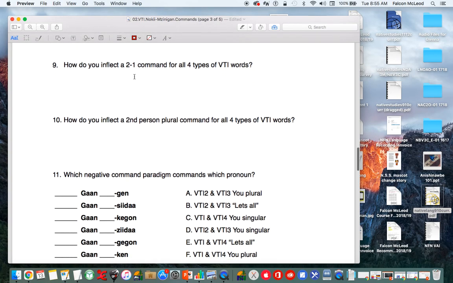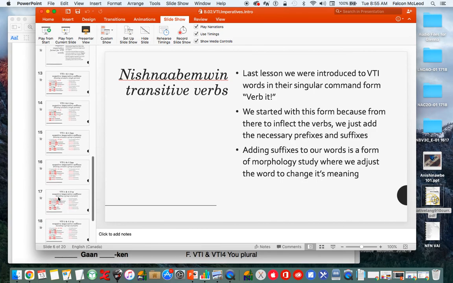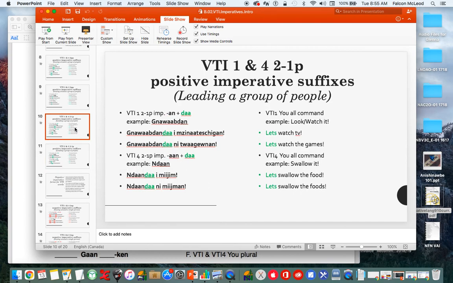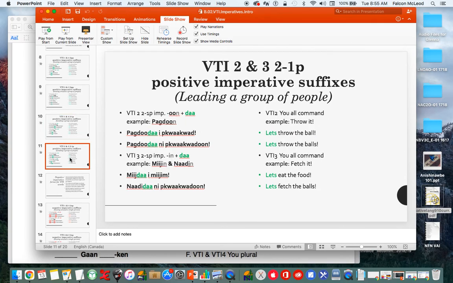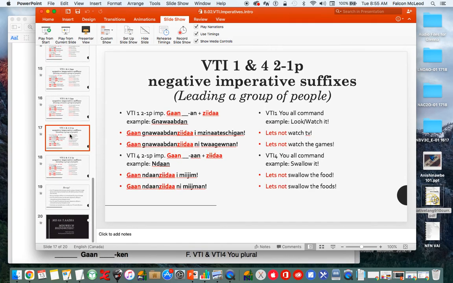Next, how do we inflect 2-to-1 person commands for all 4 types of VTI words? So the 2-to-1 command, that's the last ones we went over there. So when we're leading a group of people, how do we do that? What did we do for these? And the last 2.